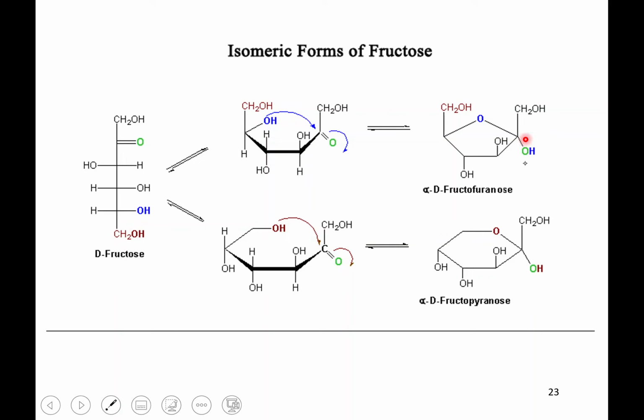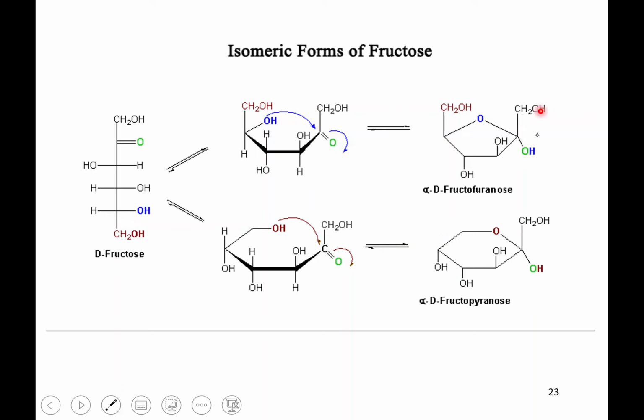So the OH group is below the plane, the CH2OH is above the plane, so this would be the alpha anomer. If that OH group is on the top and CH2OH is on the bottom, that would be the beta anomer. I want to point that out specifically for the 5-member ring structure for fructose and other sugars. Determining the anomer can be a little bit tricky because you're comparing the CH2OH group furthest from the carbonyl with the OH, not with this other CH2OH from carbon 1.